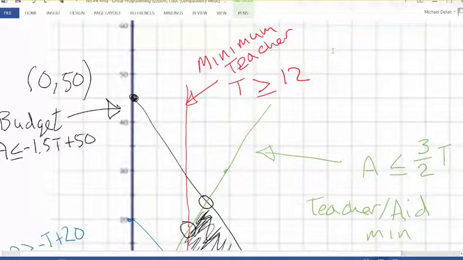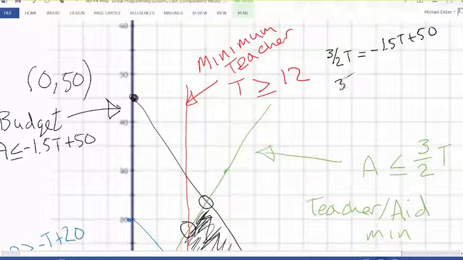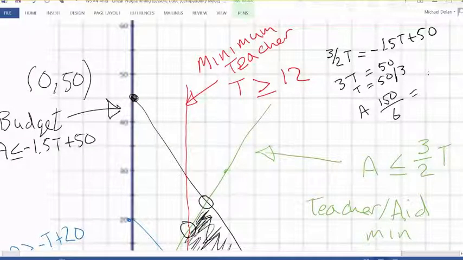You basically substitute for A and solve for T, and we get T equals 50 thirds, and then substitute that back into the other equation, and we get A is 150 over 6, or 25.